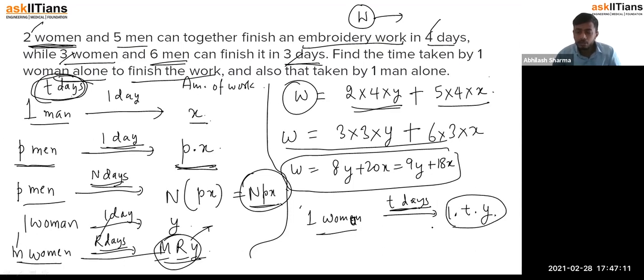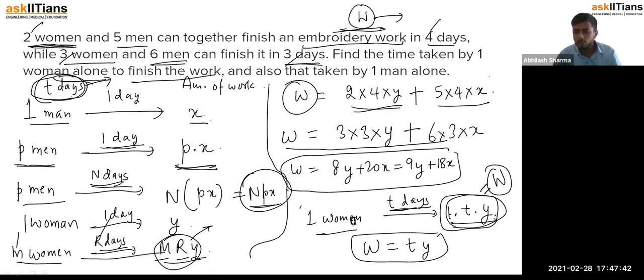And since I have assumed that in t days she can alone complete the entire work, this amount of work should obviously be equal to W, because W is the total amount of work that has to be completed. That's what we assumed in the beginning. So what are we getting? W is equal to Ty, because 1 into t into y is Ty only.